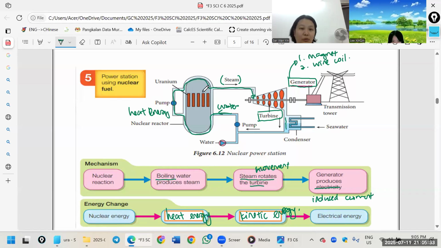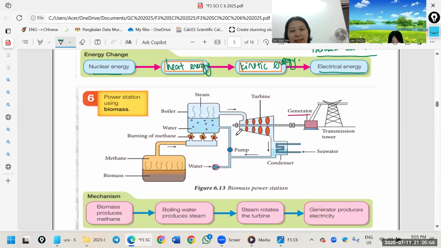Right, so now uranium will have nuclear energy, generate heat energy, and heat up water into steam. Steam turns the turbine. The turbine turns the magnet in the wire coil and produces induced current, or electrical energy.